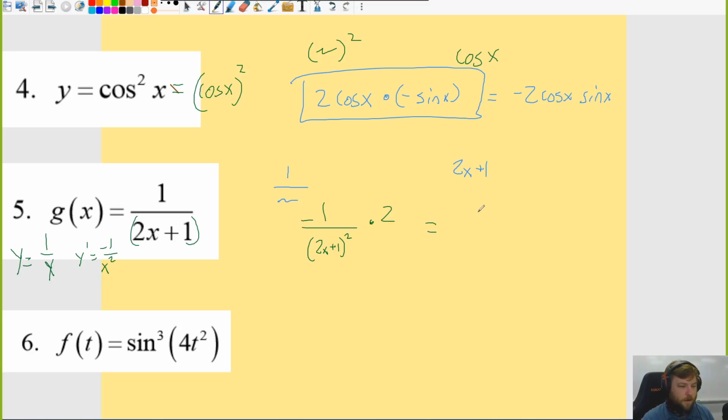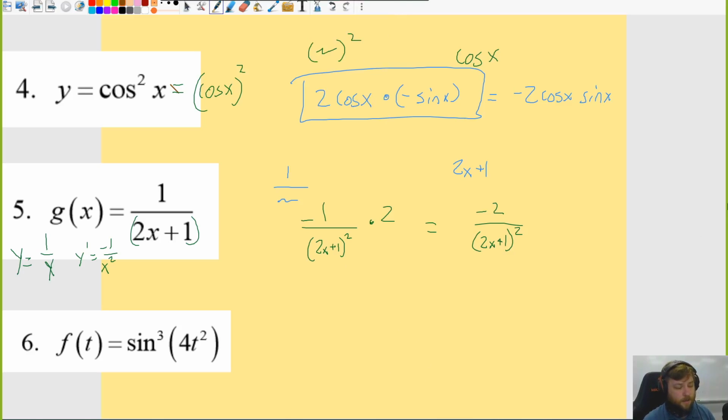If you wanted to clean that up, you could say negative 2 over 2x plus 1 squared. But that's what people get. Now, I could do the quotient rule for this. If there was a request to, I could do it for you to demonstrate it gets to the same answer. But if there's not, I'm going to move on. Let you try it yourself.